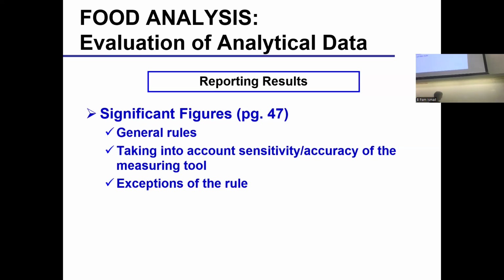1.9981 grams. Your balance read to the 4th decimal. Are you certain to this point? Is the balance accurate to the last digit, or is the balance accurate to this digit? What do you think? If you don't have anything after this, this is rounded. If the balance reads 6 digits, it might be 0.99808.